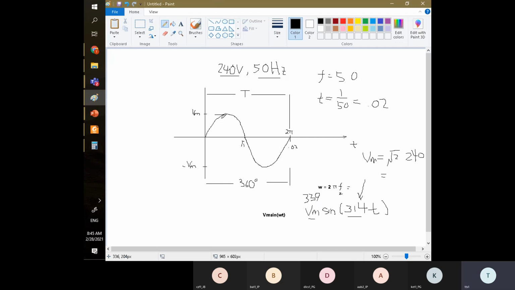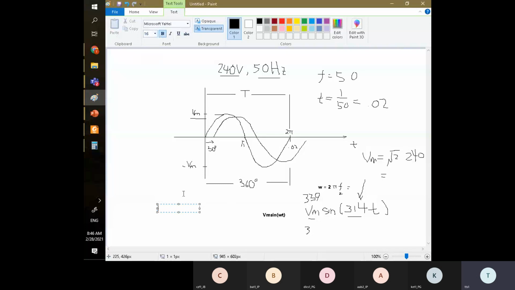So if we have a power factor issue, let's say we have a shift of this waveform. Let's say this voltage waveform is shifted by 30 degree, delayed, kind of lagging 30 degree to the right hand side. So we rewrite again.